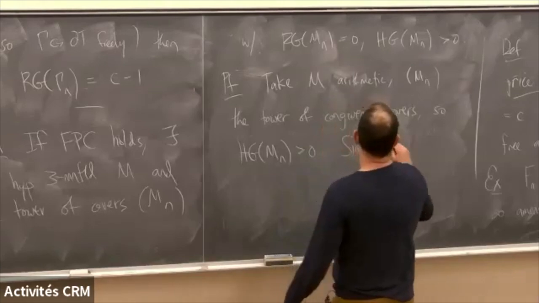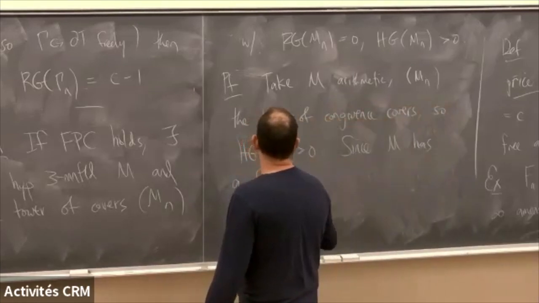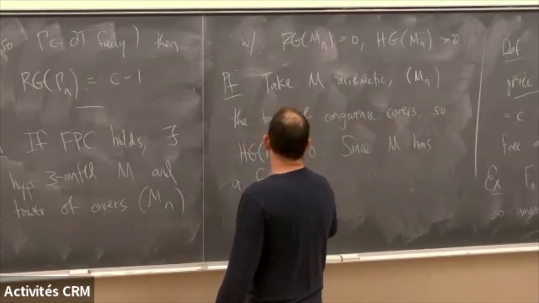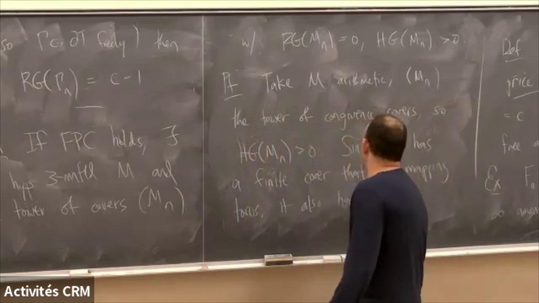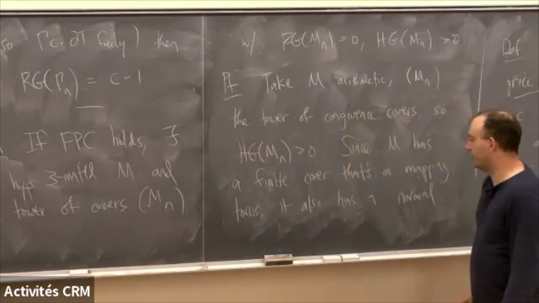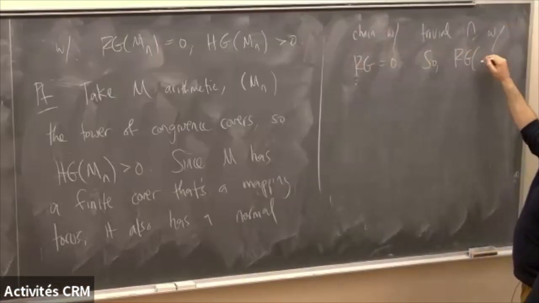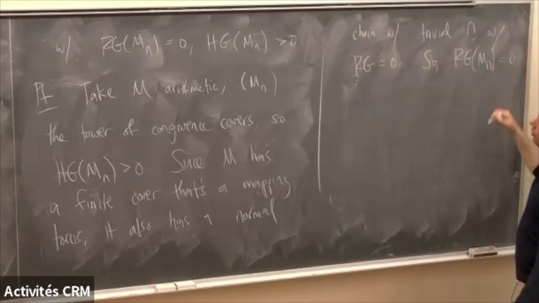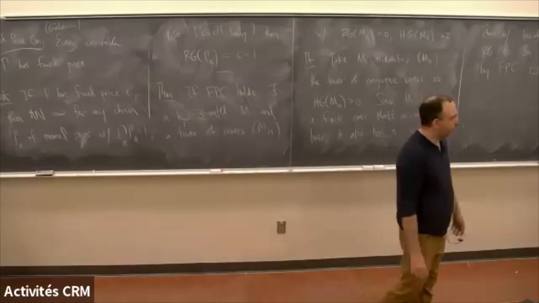Since M has a finite degree cover that's a mapping torus, it also has a normal chain with trivial intersection that has rank gradient 0. So that means the rank gradient of our M_n is 0 by the fixed price. All right, that's all. Any quick questions?